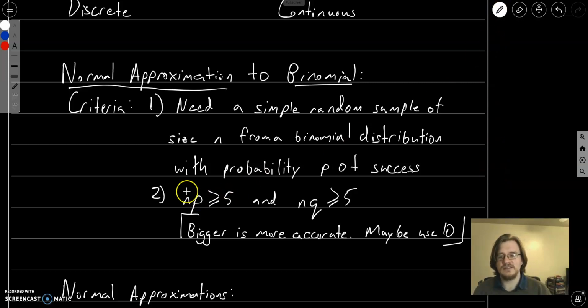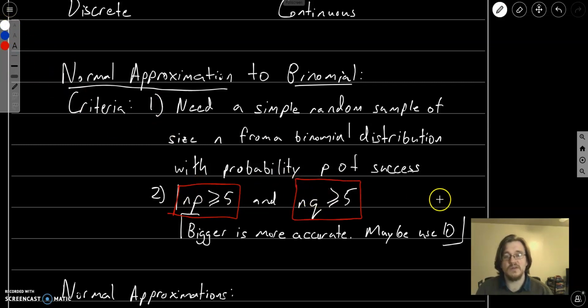So the criteria here: we need n times p to be greater than or equal to 5, and n times q to be greater than or equal to 5. So the expected number of successes needs to be bigger than 5, and the expected number of failures needs to be bigger than 5.